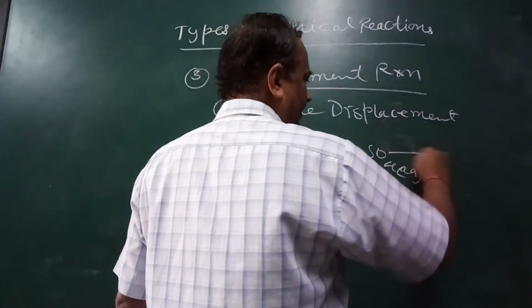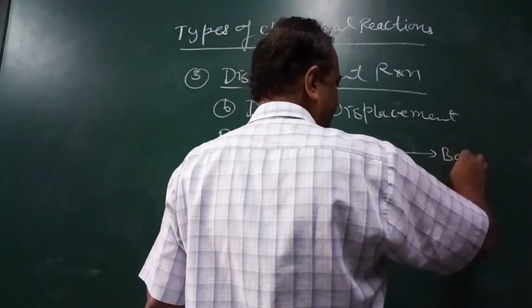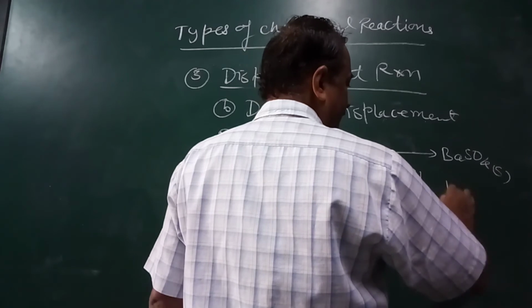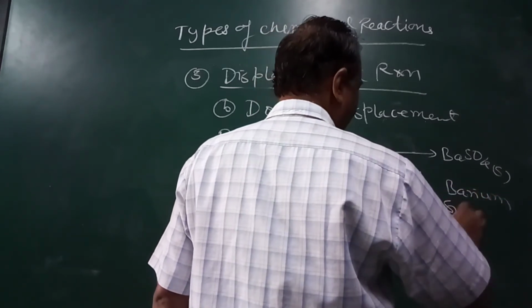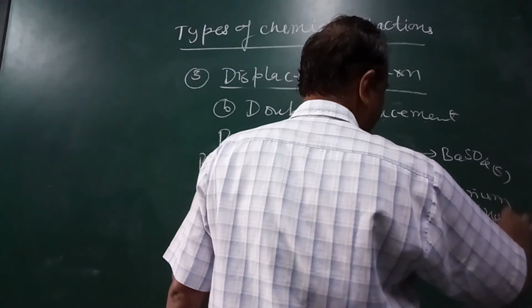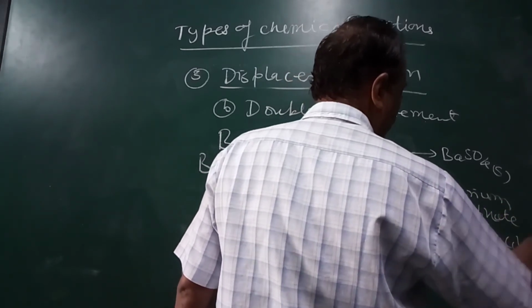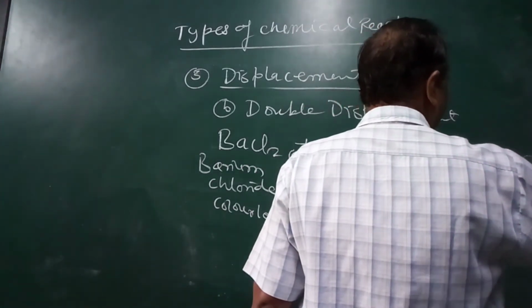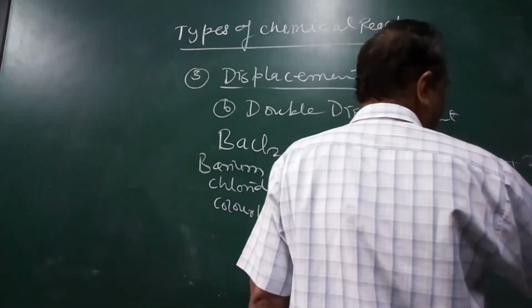As we mix, there is formation of BaSO4, barium sulfate, which has white color, and there will be sodium chloride, aqueous.